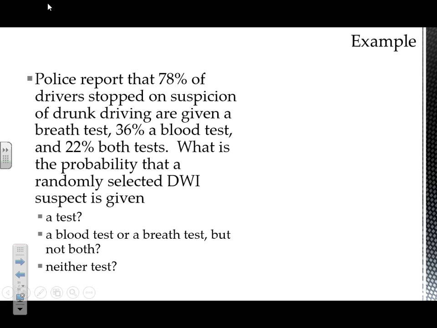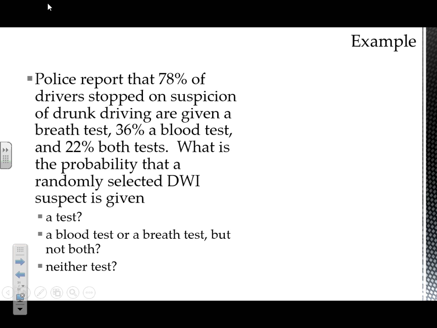Now, if all we're doing is looking at this in terms of words, this can be very confusing and it can be tough to figure out or visualize exactly what we're working with. So what we can do, I should say, is create a Venn diagram. You guys have all seen Venn diagrams before, yes?